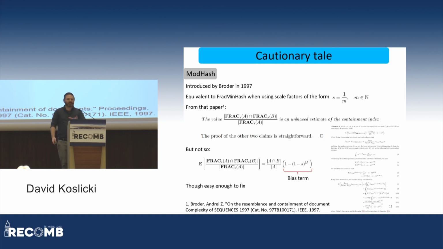Unfortunately, it's not actually true. It's not straightforward, and it's not unbiased. So it turns out that, after we did our little one-page proof here, there's this little bias term that sits here, basically accounting for the fact that you could get unlucky and none of your hash values fell in that interval from 0 to s times the maximum. So if you account for that, it's easy enough to take care of, but there you go.